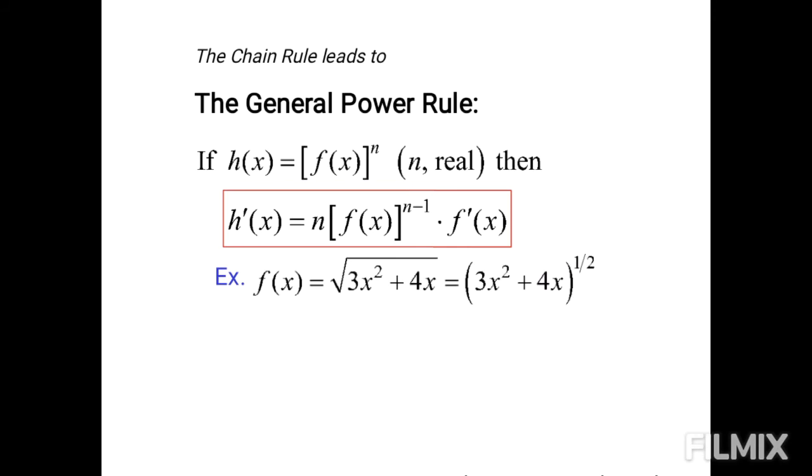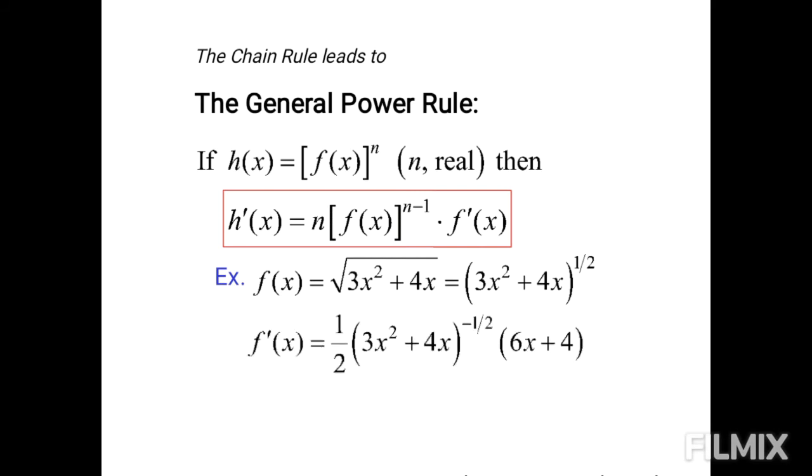For example, we have f of x equals the square root of 3x squared plus 4x. Then it will be equal to 3x squared plus 4x raised to 1/2, when we convert this radical into the fraction form of our exponent.